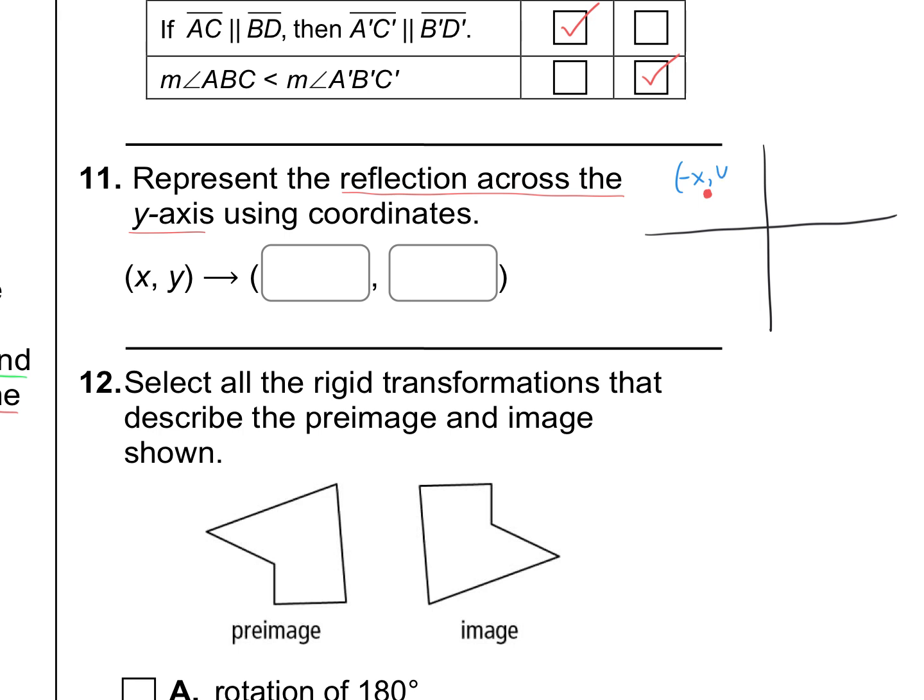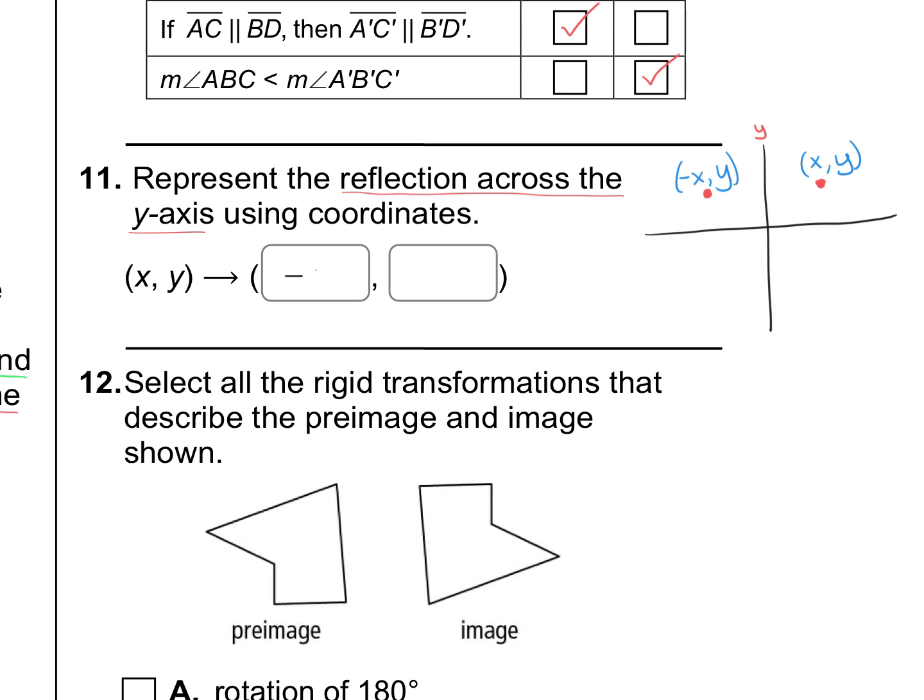Is positive. Okay. If it says reflect over the y-axis, here's my y-axis, so this point's going to end up over here, right? Okay, so now what is my x value, positive or negative? Positive. What's my y value? Also positive. So comparing what happened to the x's? They changed signs, right?